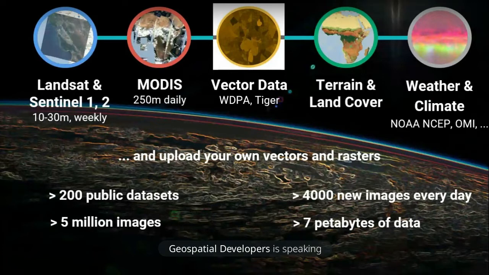Currently it's open source, so people just come in there and upload their data sets. We also have terrain and land cover, which I'll be demonstrating to you when we get to Earth Engine. We also have climate data sets, all hosted on Earth Engine.